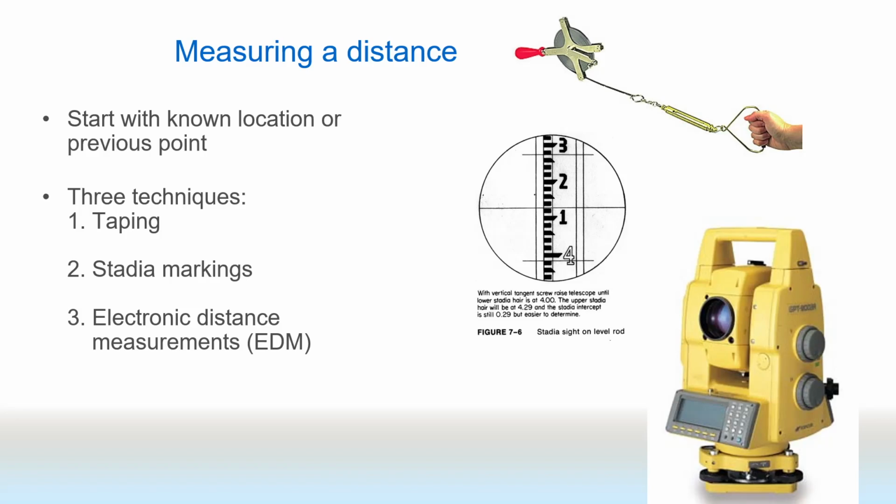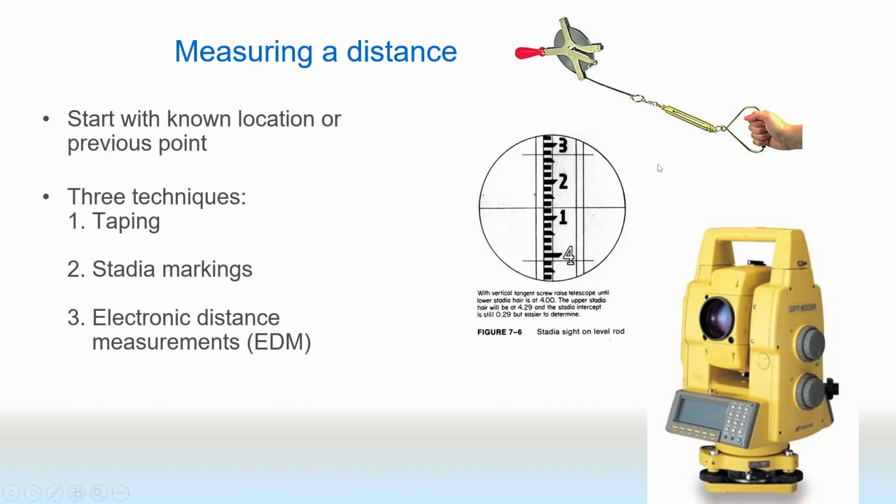Measuring a distance. While starting with a known location or previous point, we have 3 techniques. First, taping. We can use tape or chain and physically measure the distance between points. Second, stadia markings.